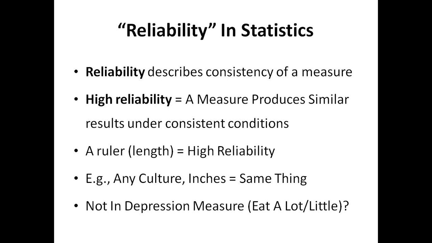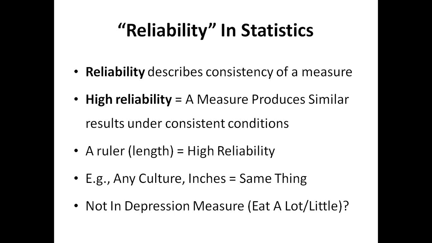For example, the classic example of a measure with high reliability is a ruler, one measuring length, not ruling a country. If the ruler is measuring in inches and it measures somebody's finger in Antarctica, and the finger is 3 inches long, it measures 3 inches.